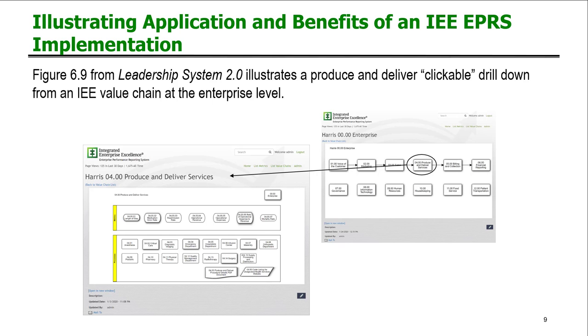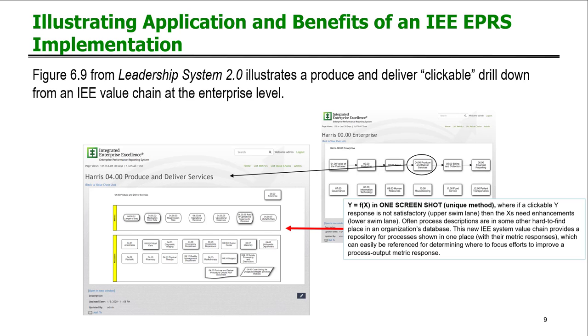Figure 6.9 from Leadership System 2.0 illustrates a produce and deliver clickable drill down from an IEE value chain at the enterprise level. Y equals function X in one screenshot. Now that's a unique methodology where if a clickable Y response is not satisfactory, now that's the upper swim lane, then the X's need enhancement, the lower swim lane.